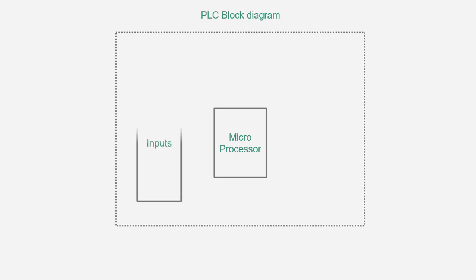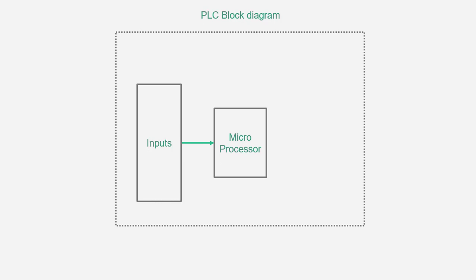And next we have the input. In a PLC there is one section called inputs. This section will collect the input from different devices or from outside, and these inputs will be provided to the CPU or microprocessor. So what is the CPU or microprocessor?